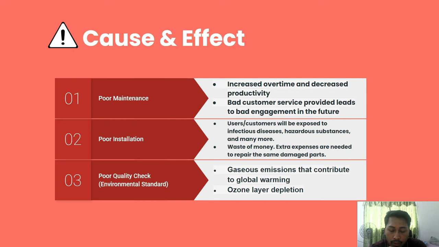It can also cost a lot of money, as extra expenses are needed to repair the same damaged pipe. And then the last one is poor quality check of environmental standards. It can cause gas emissions that contribute to global warming, and the ozone layer will deplete and become thinner.